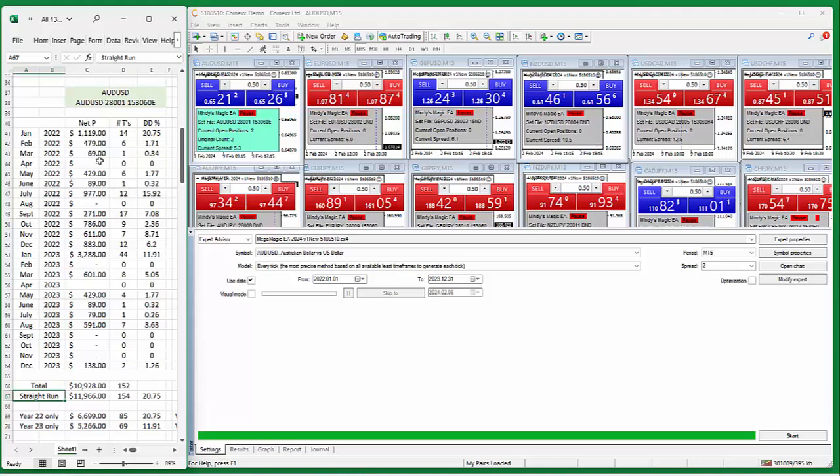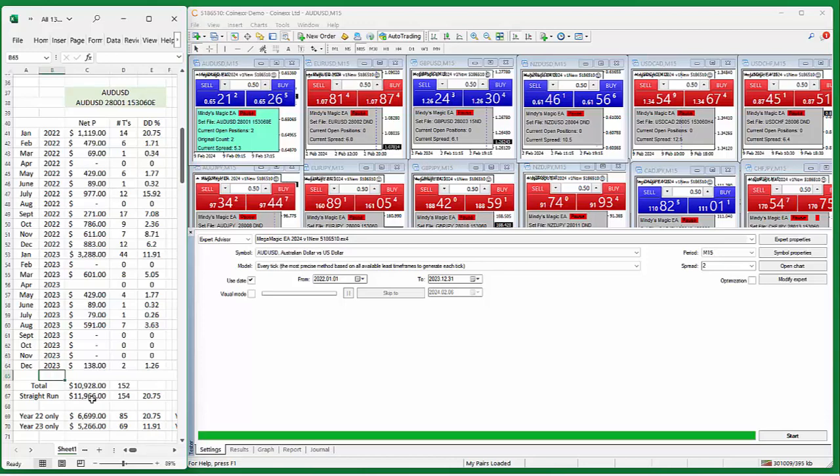Okay, so anyway, there would have been trades, if they had stayed in, would have been more profitable because they would have literally carried over from 1 month to the next. So the straight run through total right here is if I started the EA on January 1st and did not stop it at all until December 31st of the next year.